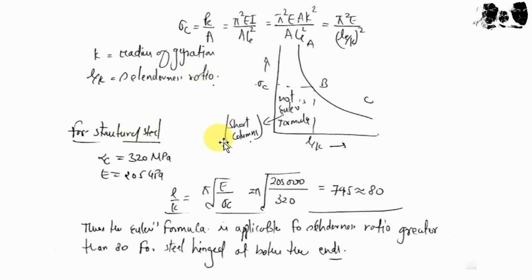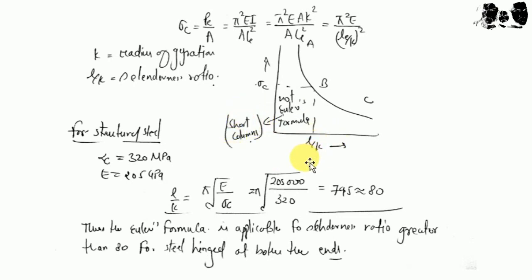Okay, then here we have a curve of this equation: critical stress versus L upon K, where L upon K is the slenderness ratio. So according to the slenderness ratio, the critical section has to be at this point B. Okay, and beneath this area, or if the value of slenderness ratio goes down, then whatever the value is here, Euler's formula cannot work, which is a short column.